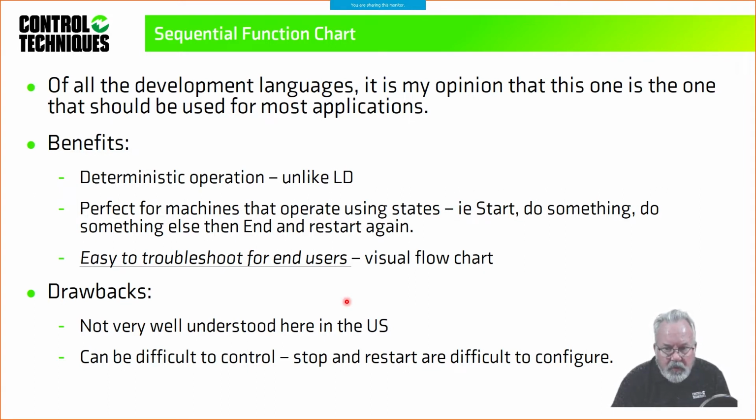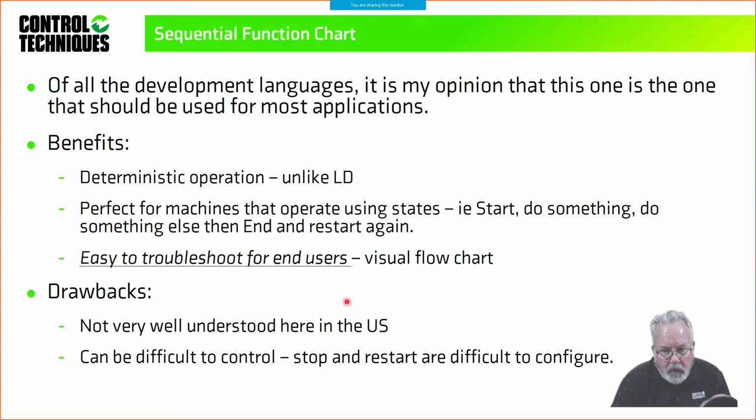It's perfect for machines that operate using a state machine. Press the start button, do something else, and then end and restart again. That kind of operation or your machine lends itself very well to using a sequential function chart.